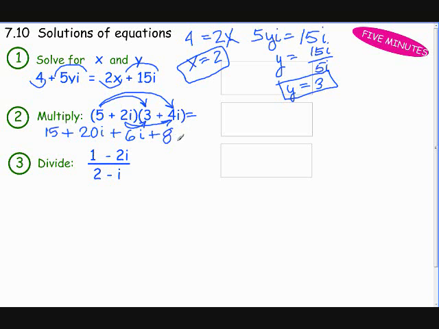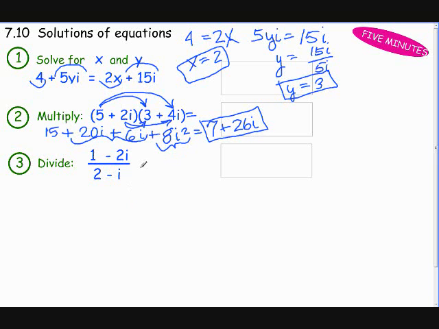Watch this, we got i squared. All right, i squared is a negative 1 times a positive 8 will give us a negative 8. So negative 8 and a positive 15 will be 7 for our real component. And then we're going to combine these like terms to give us a positive 26i. Okay?